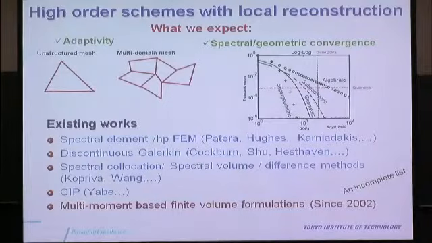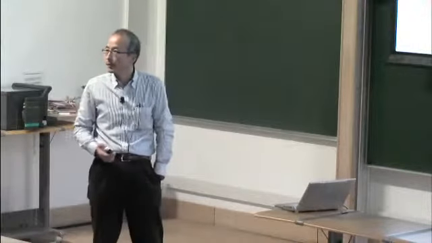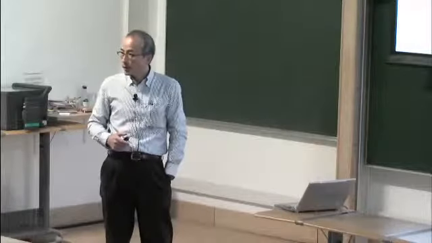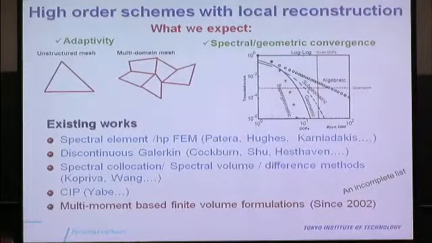The first one is adaptivity. Otherwise, you can use WENO, which works pretty well for almost all CFD applications. And another one is that if you use some kind of reconstruction, you can get a kind of spectral convergence, which is very attractive. And I just give an incomplete list here of existing work.